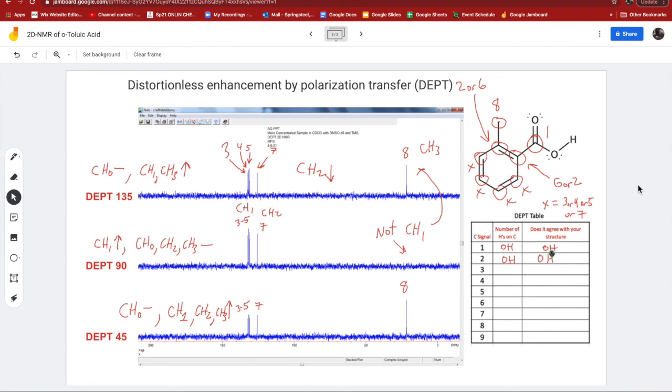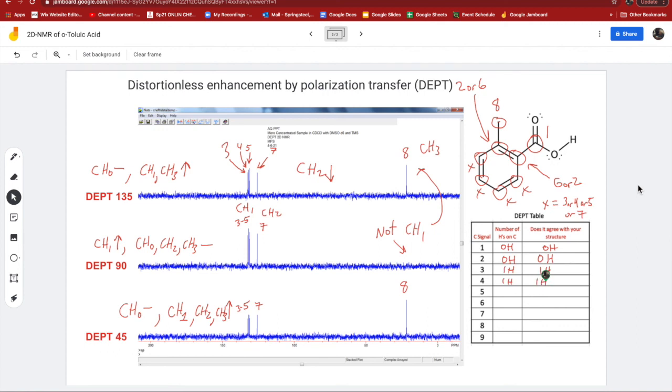So now signal 3, that's one of these X's. So these are supposed to have a single hydrogen. So I'm expecting one hydrogen for signal 3. And signal 3 is showing up on this one, which says it's CH1 or CH3, and it's also showing up on this one, which means it's CH1. So it's agreeing perfectly. One hydrogen, looking good. Signal 4 is the same thing. It's one of these X's, and it's showing up. So one hydrogen.